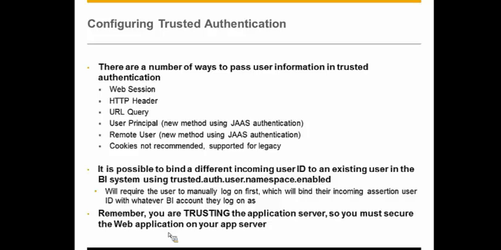Another option that was added in 4.0 was the ability to bind an incoming user ID to an existing user in the BI system. So if your user ID is user A, but in the BI system you have user B, and you want user B logged in with user A, so in other words, the user accounts do not match, we can set up a parameter in Trusted Auth that will allow the first login to be manual.